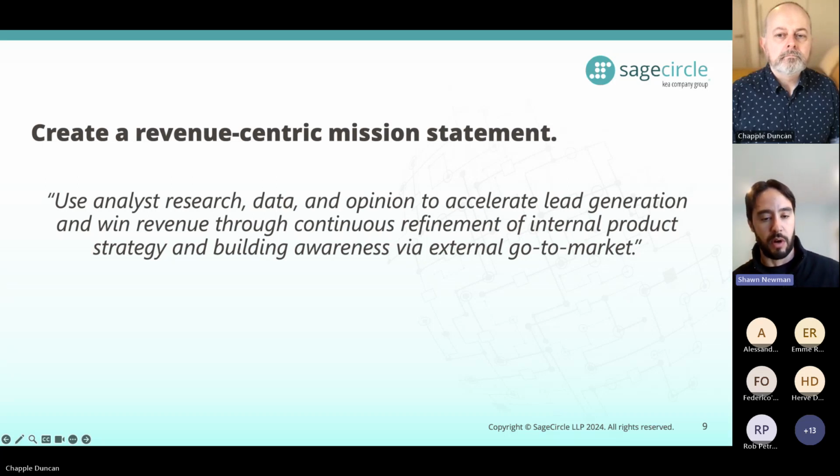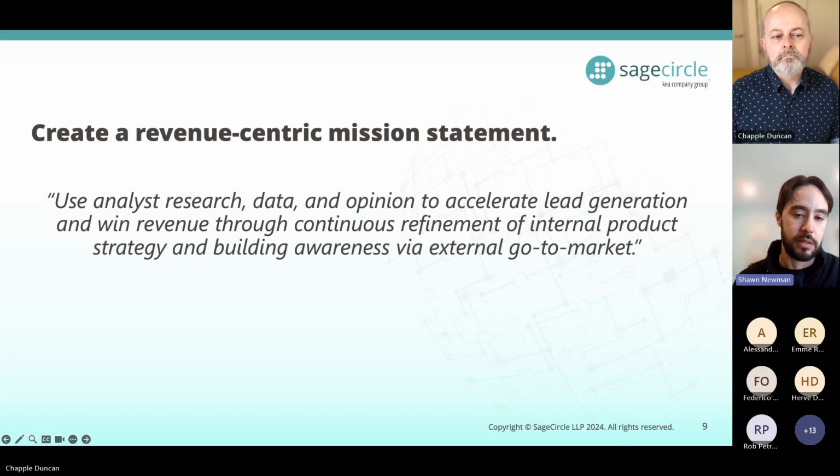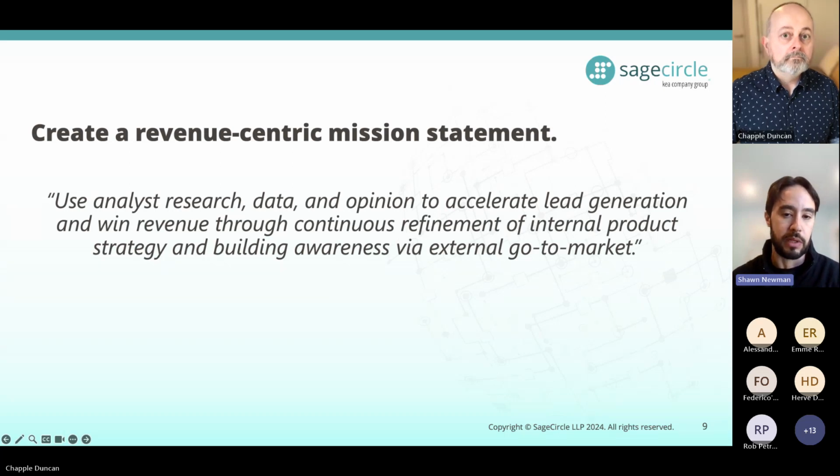So generating revenue through improving your product and your strategy, as well as building awareness via external go-to-market, so marketing and sales. If you haven't put together a mission statement, this is something you can do and share internally, because it allows people to understand that this is part of your remit and something you want to help with.